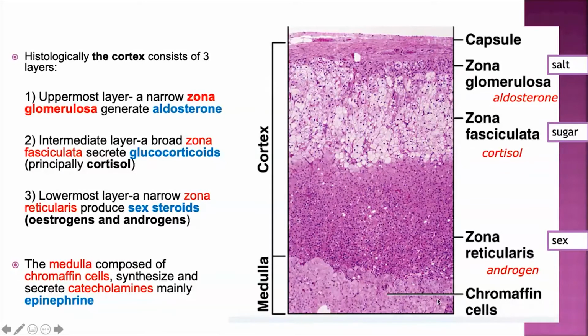It depends on you how to remember this, but the most common way is that from the outer part it goes salt, sugar, and sex. Aldosterone is related to salt, cortisol is actually sugar, and the sex is related to the sex hormones.